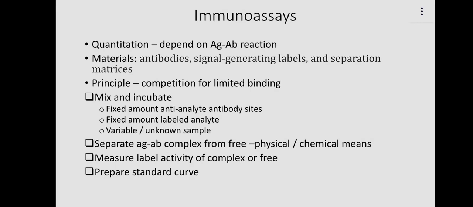And we know that these are specific interactions. We mentioned antigen antibody when we were talking about affinity chromatography. So we can now also utilize antigen antibody reactions to determine the quantities of either, depending on what we are interested in.